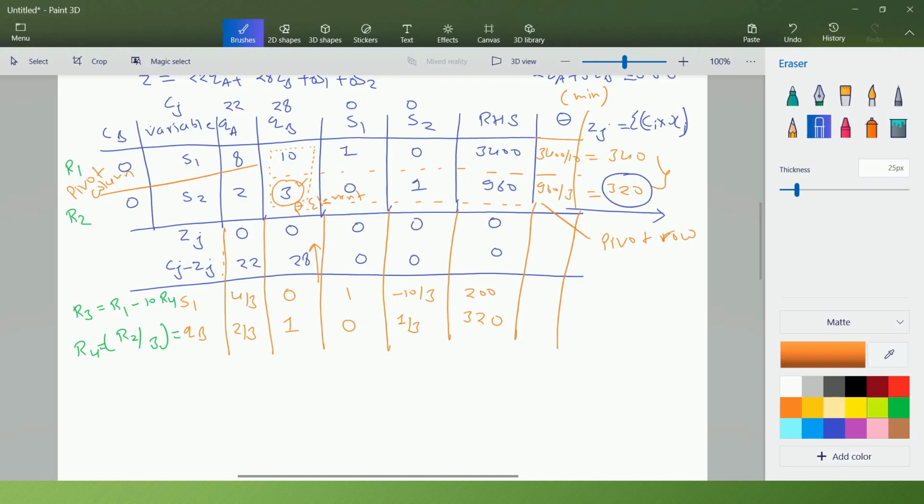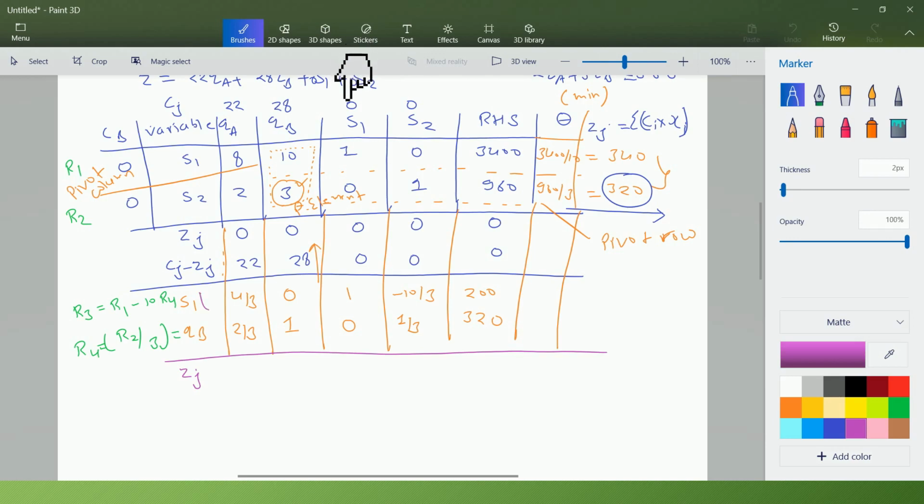So now I will find Zj. What is the value of S1? 0. And what is the value of QB? 28. Okay. So 0 multiplied by 4 by 3 will be 0. 28 multiplied by 2 by 3 will be 56 by 3. So I will get 56 by 3 here. 0 multiplied by 0 is 0. 28 multiplied by 1 is 28.